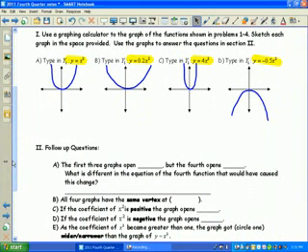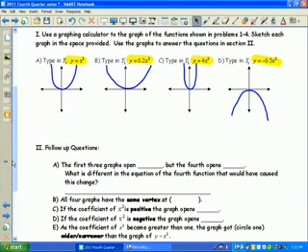The difference between A and B is that B was a little bit wider. It's almost like someone basically took the ends of the parabola and pulled them in two opposite directions. The difference between A and C is that it was a little more narrow, almost like someone took the ends of the parabola and pushed them in towards our y-axis.